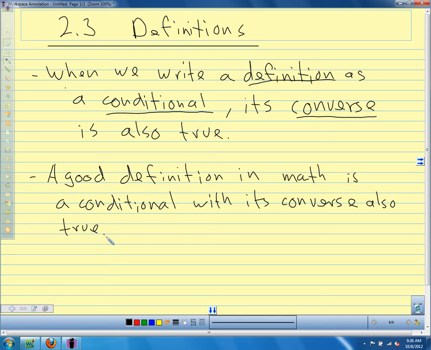So this is how we make a definition in math. We figure out a conditional statement and we make sure that its converse is also true.